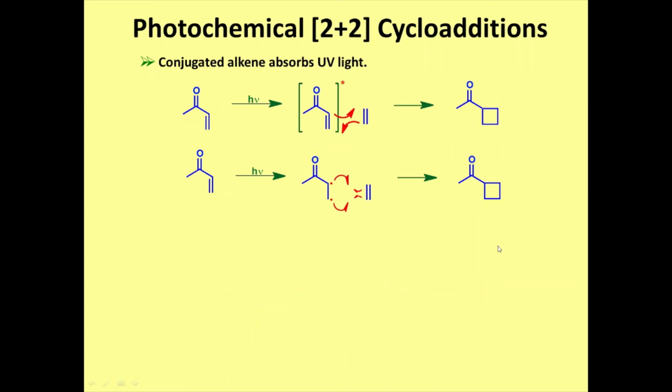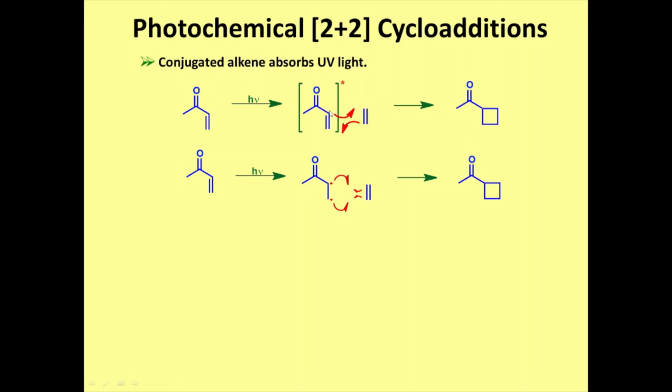There are several examples. For the first one, we take the conjugated alkene and it absorbs ultraviolet irradiation, so this alpha-beta unsaturated alkene, or olefin, can be excited.